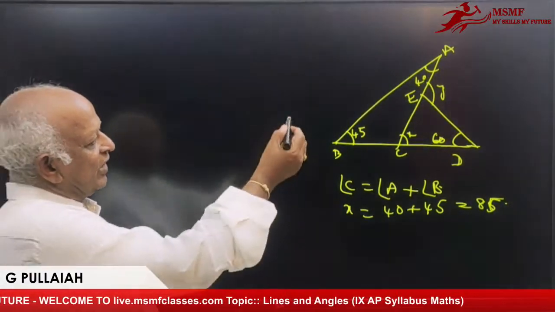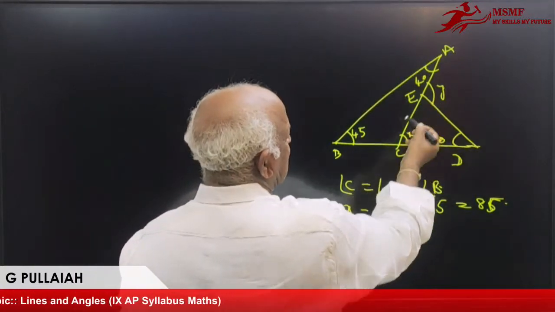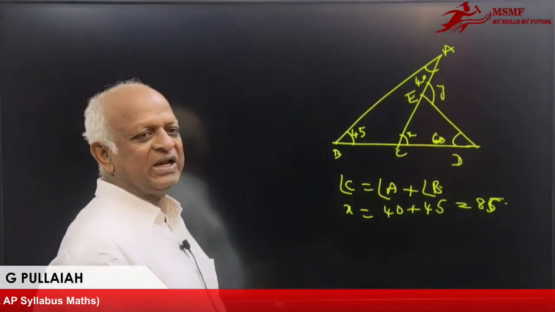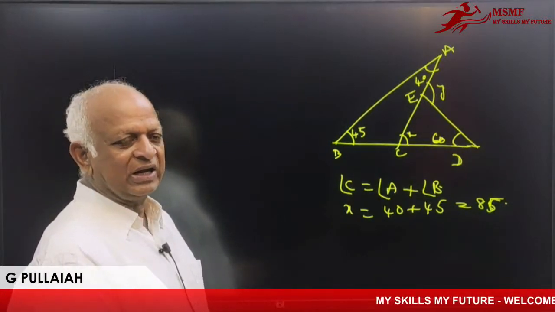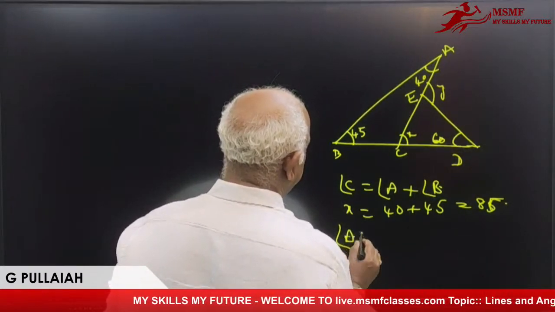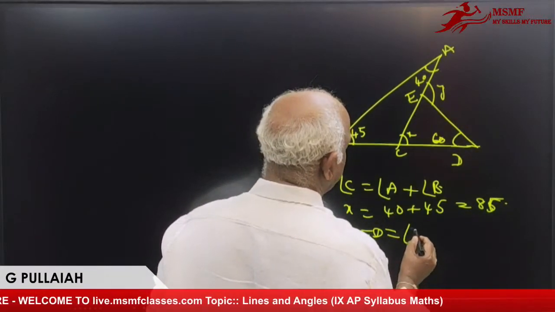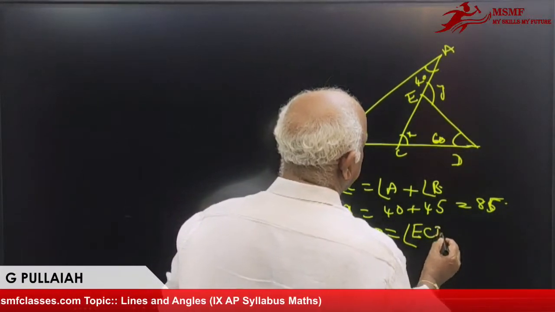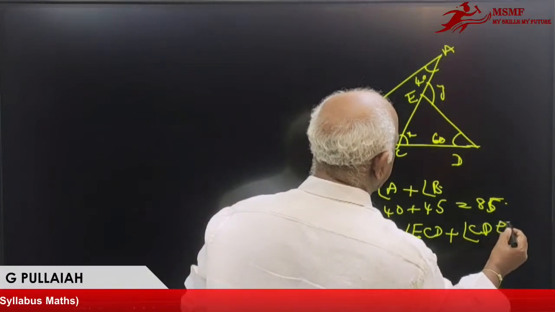Another one, find the value of y. Y is, if you take triangle ECD, the exterior angle. Again, the exterior angle is equal to the sum of the two interior angles. So now here, angle AED is equal to angle ECD plus angle CDE.